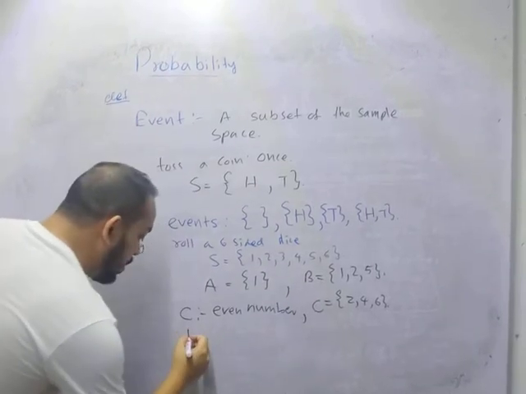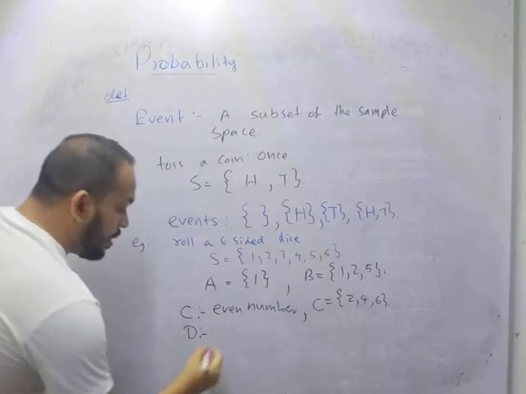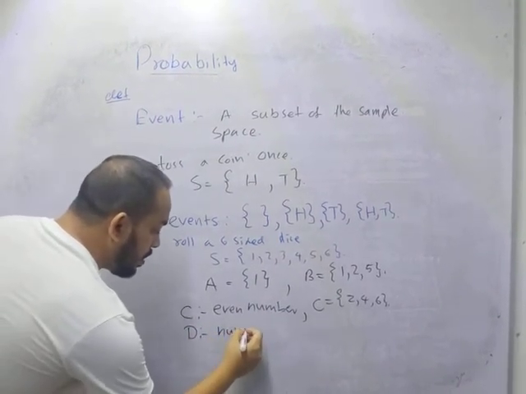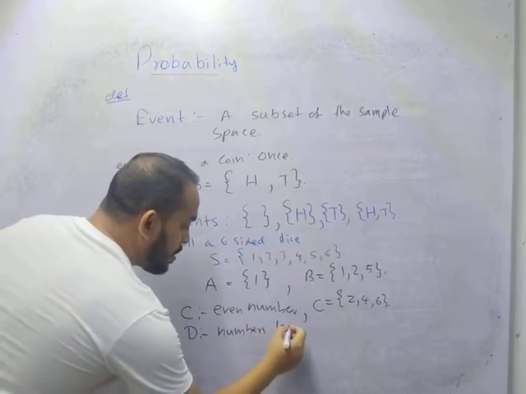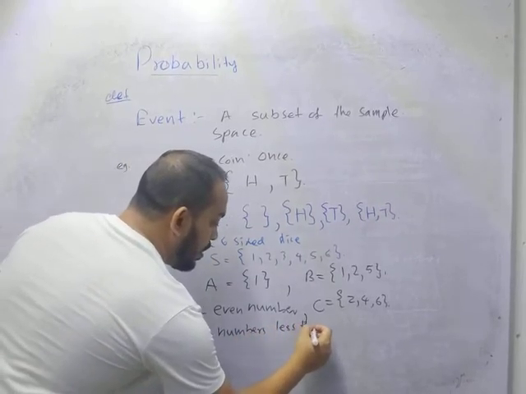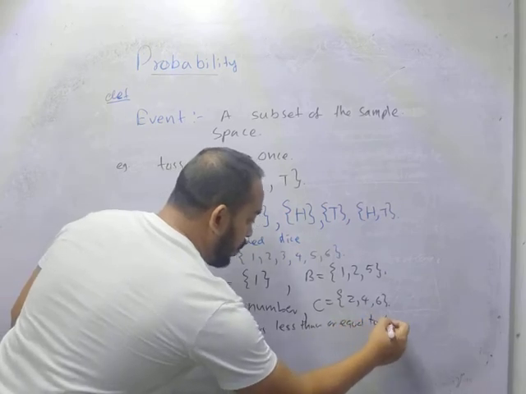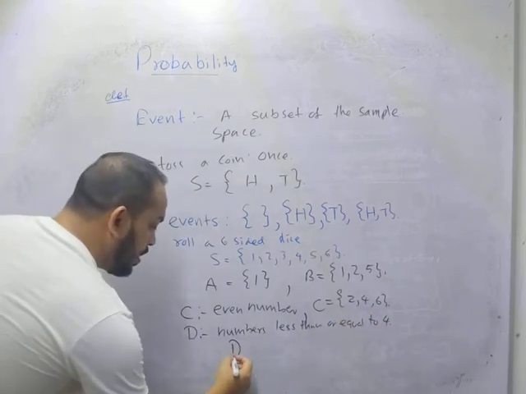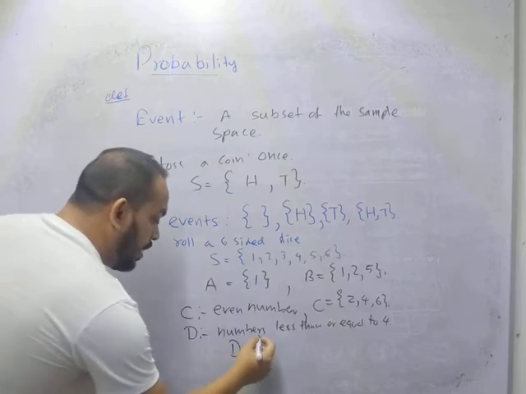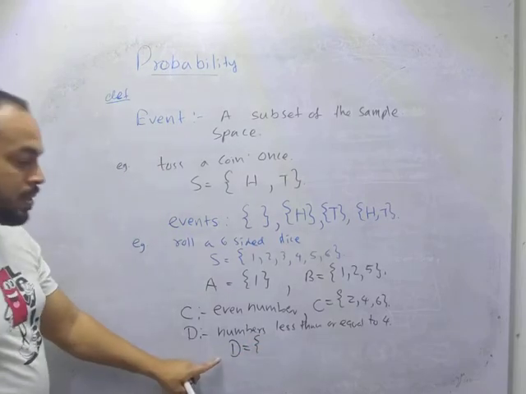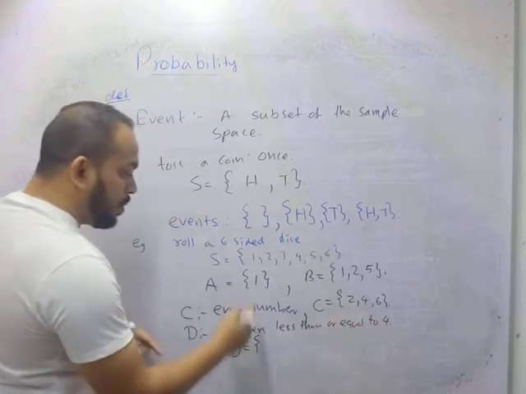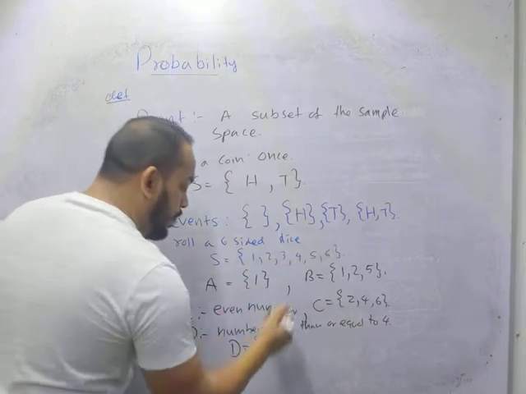Let's define another set, say numbers less than or equal to 4. In that case, this event D has these outcomes. Less than or equal to 4, then it should be 1, 2, 3, and 4.